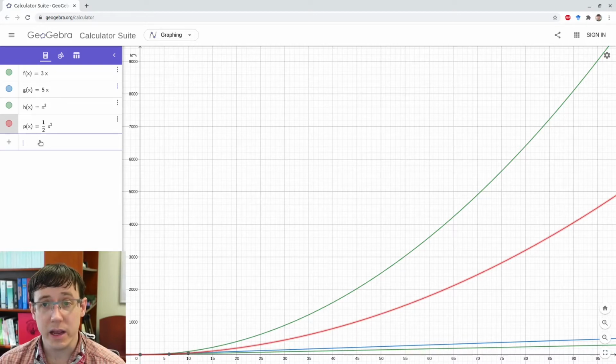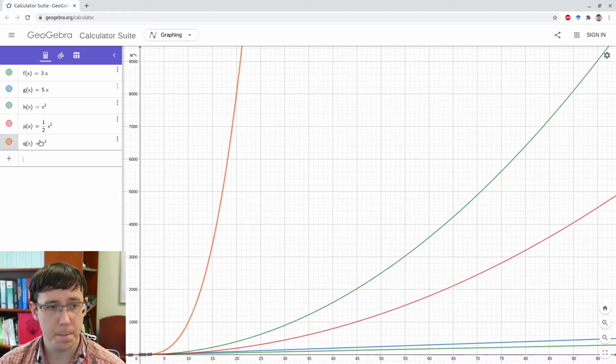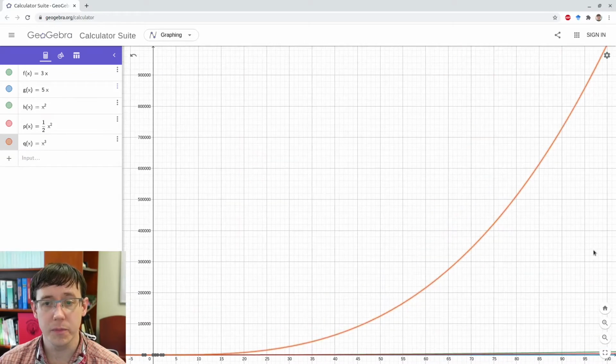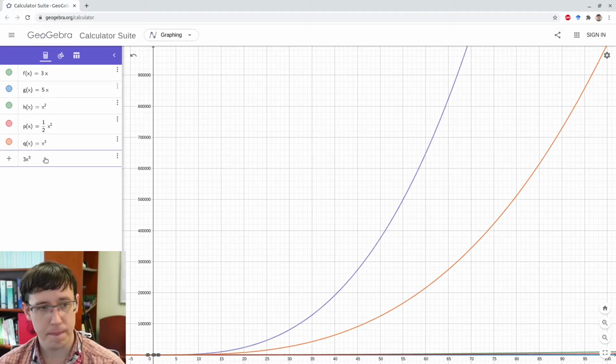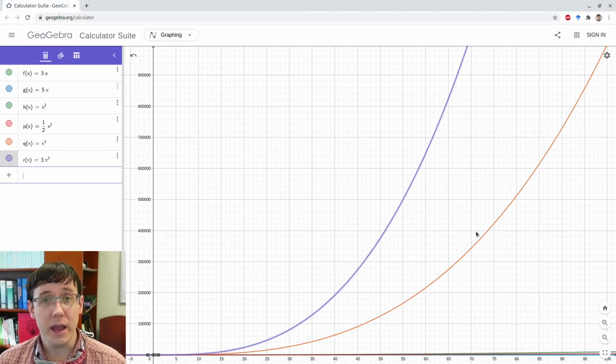If we add a cubic function to our graph and zoom out again, we find that either of the quadratic functions is just as dwarfed by the cubic as the linear functions were by x squared. And again, two cubic functions with different constants look much more like each other than they do like quadratic or linear functions.